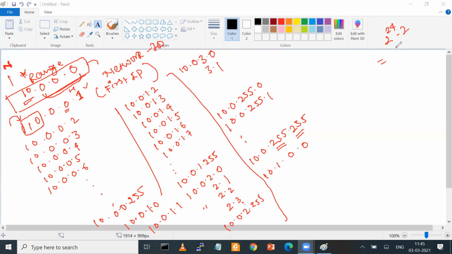So that's why I'm saying these are my unique numbers. 2 to the power 24 minus 2 is 16777214. This is the number of IPs we get in class A. This is a huge number you can say. And ये numbers कैसे निकल रहे हैं? It is based on calculation.